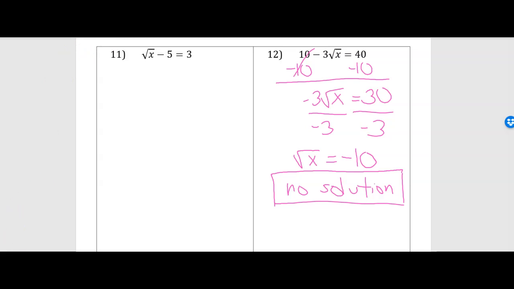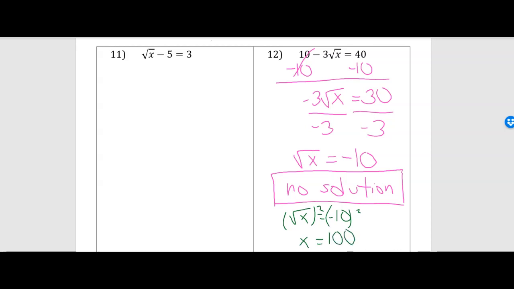Now you may think, well, wait a second, what if I kept going with my process? What if I squared both sides? Okay, well, if you keep going and you square both sides, you're going to get x is equal to negative 10 squared, which is 100.